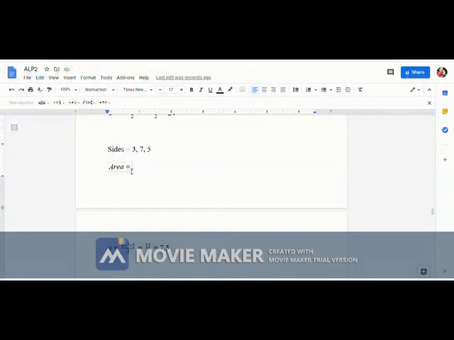Okay, so then we got this area here. You can use Heron's formula to do S times S minus A times S minus B times S minus C. Okay.